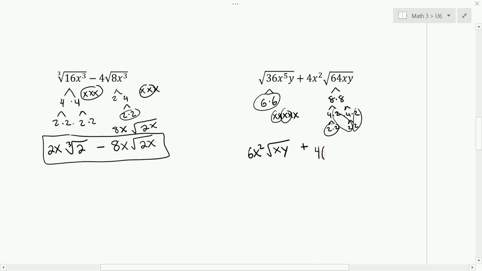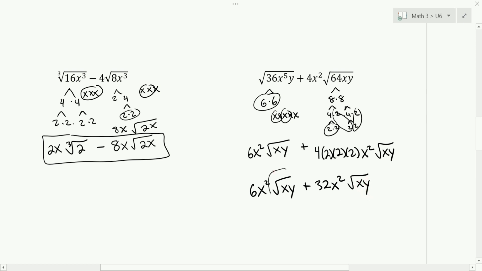Okay, so we already had the 4x squared, so 4 times 2 times 2 times 2, and we had the x squared on the outside, and then the square root of xy. And so, yeah, when you multiply that together, we get to 32. So 6x squared square root of xy plus 32x squared square root of xy.